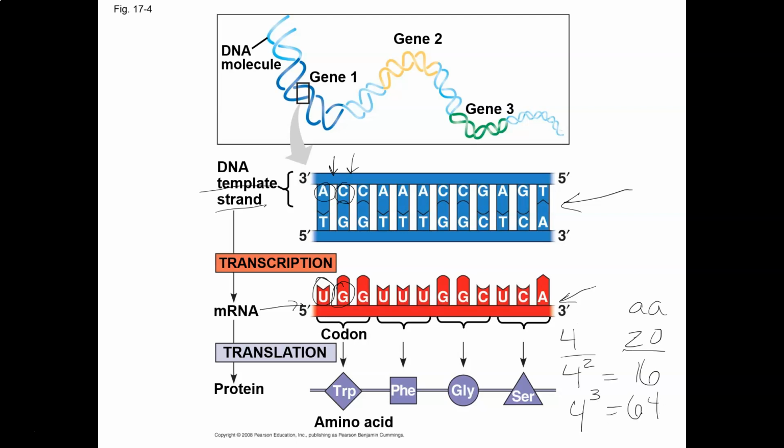So there's 64 unique 3 nucleotide combinations, and so that's more than enough, and that is, as it turns out, the way the genetic code, as we call it, works. It is a triplet code, meaning every 3 adjacent nucleotides in the messenger RNA is a code that tells the cell which amino acid to add next.